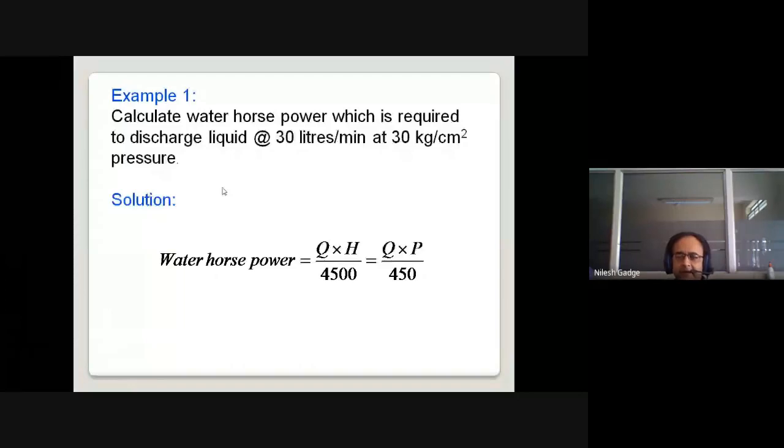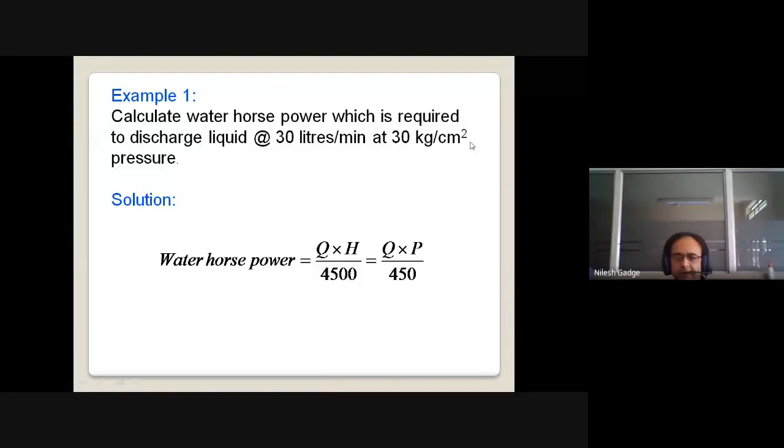But if the problem is in your question paper, you have to write down the given data. Discharge rate Q is given. Q is 30 liter per minute, and the pressure P is equal to 30 kg per centimeter square.